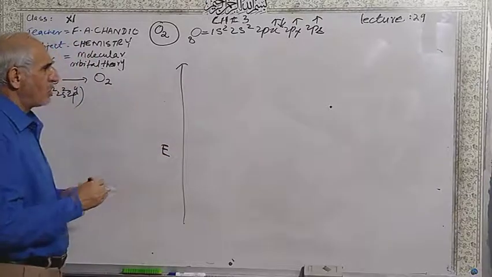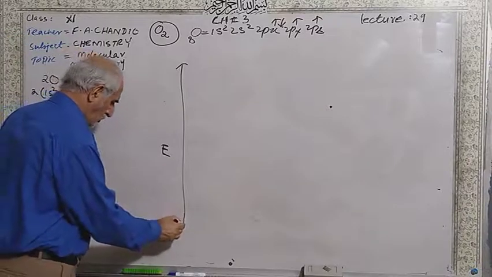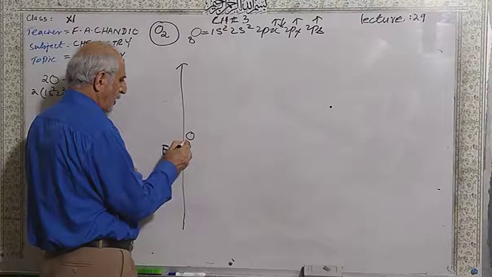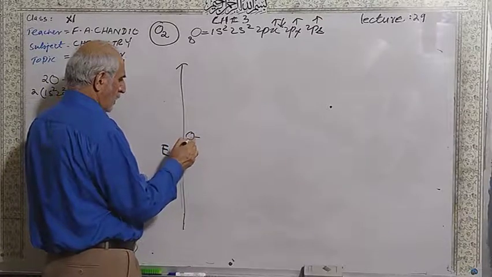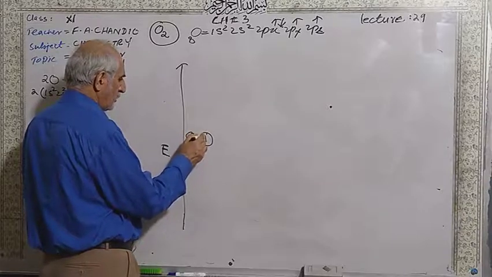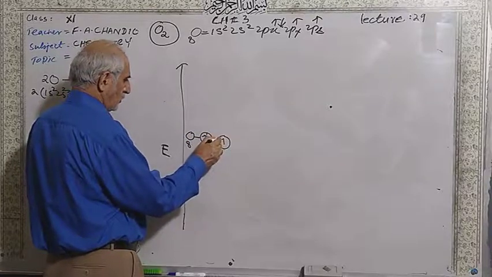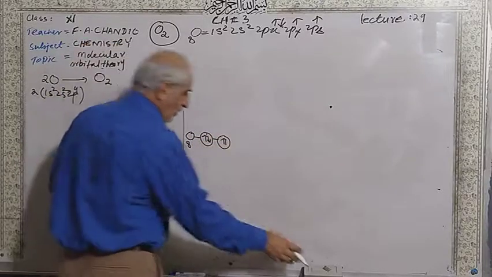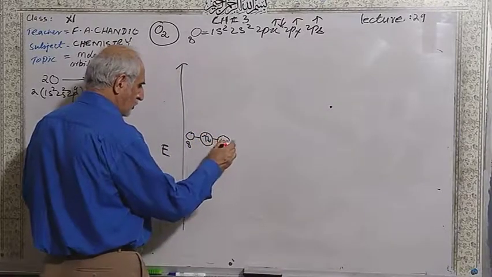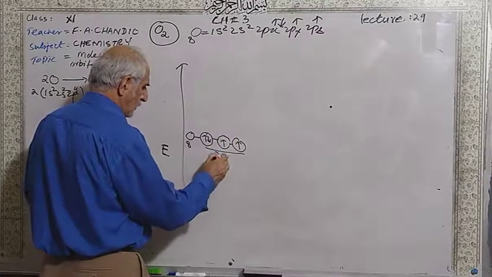This is the energy. And this one is oxygen, atomic number 8. And there are 4 electrons in the p, like this.